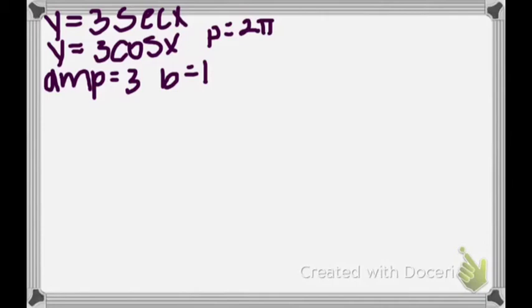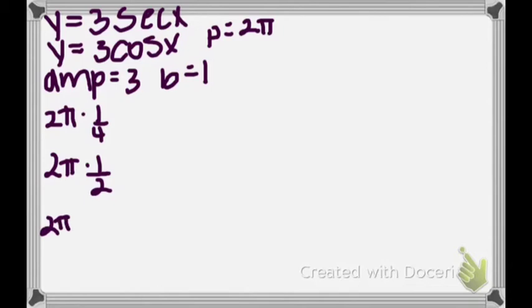Since there's no C, we have to figure out the 4 key points. And that will be 2 pi times 1/4, 2 pi times 1/2, and 2 pi times 3/4.